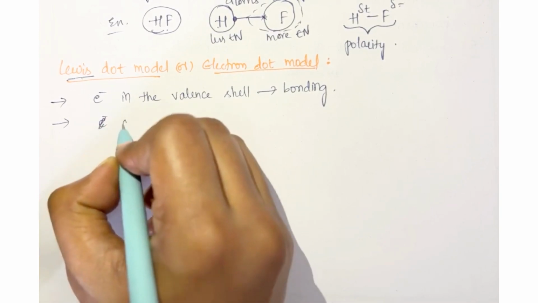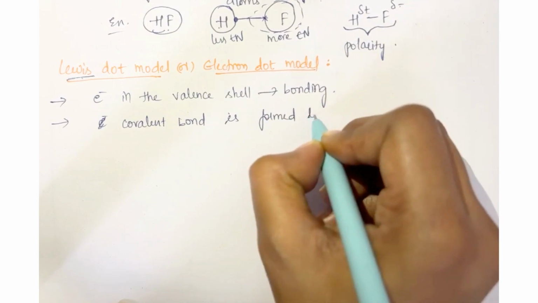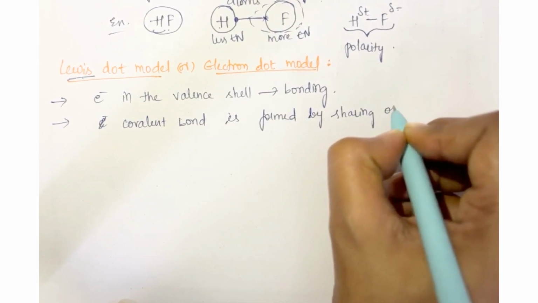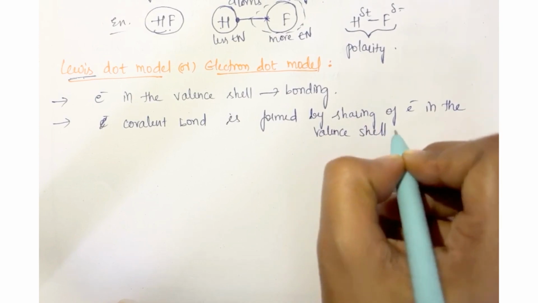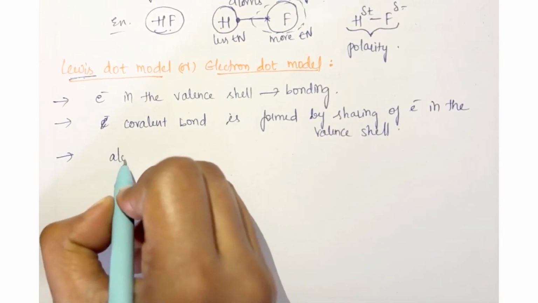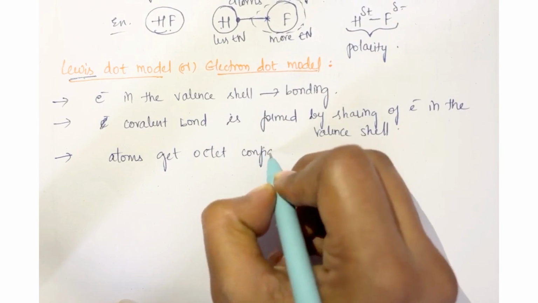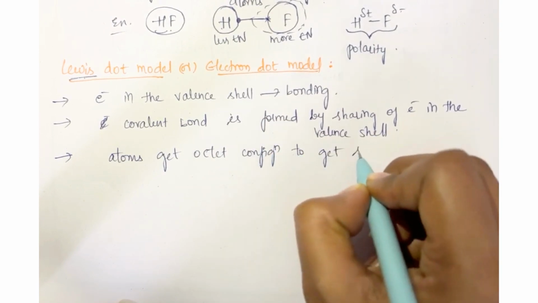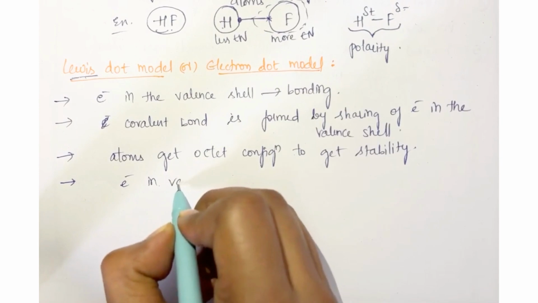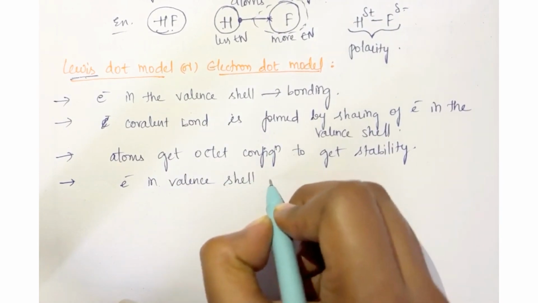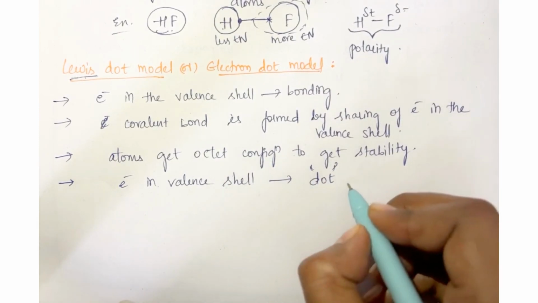So, a covalent bond is formed by sharing of electrons in the valence shell or the outermost shell, and the bonded atoms get octet configuration by sharing of electrons to get stability, and these electrons in the outermost shell are represented by dots or with cross symbols.